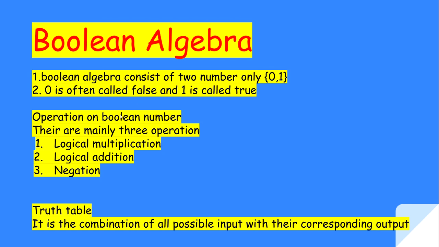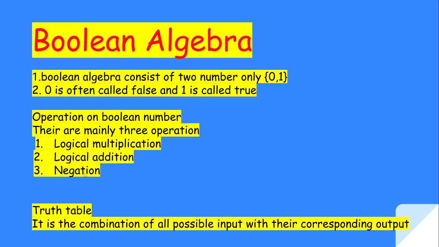Okay, so operations on Boolean numbers. In mathematics, we have operations like addition, subtraction, multiplication, division. Similarly, we perform some operations on these Boolean numbers as well. There are mainly three operations: logical multiplication, logical addition, and negation.